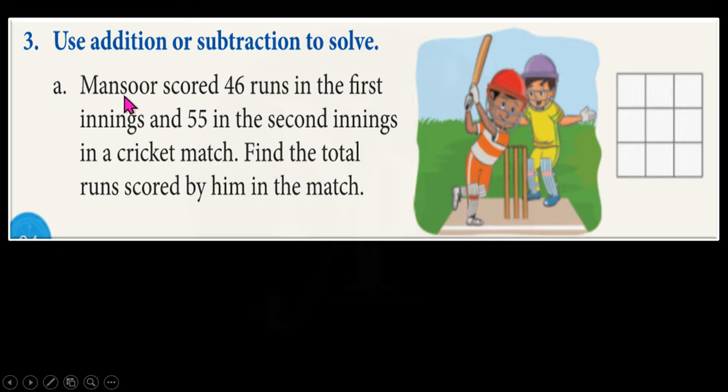A. Mansoor scored 46 runs in the first innings and 55 in the second innings in a cricket match. Find the total runs scored by him in the match.